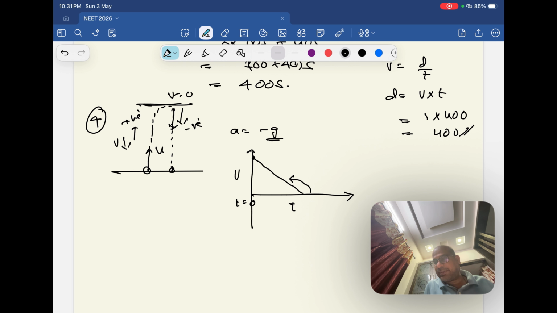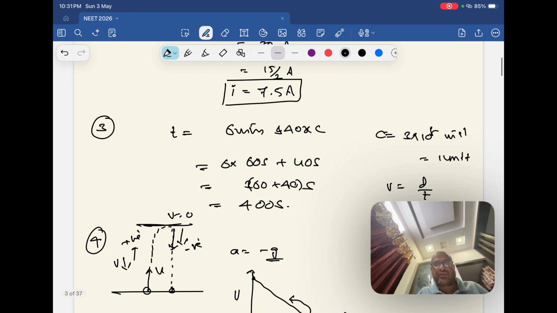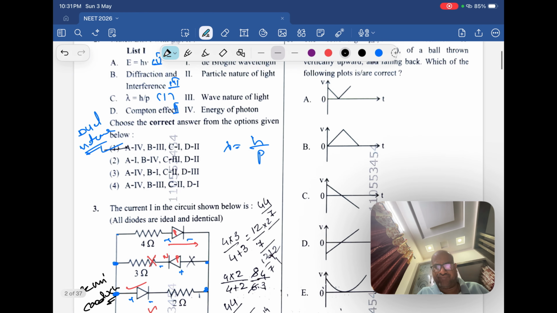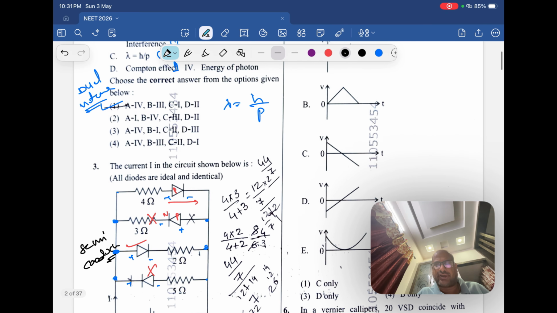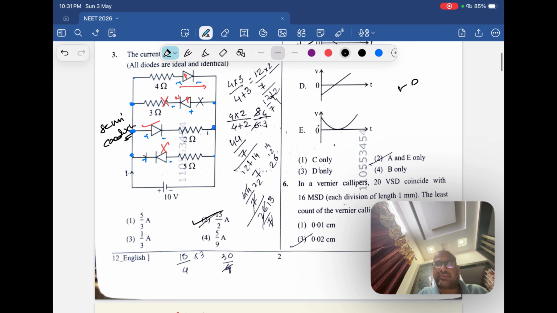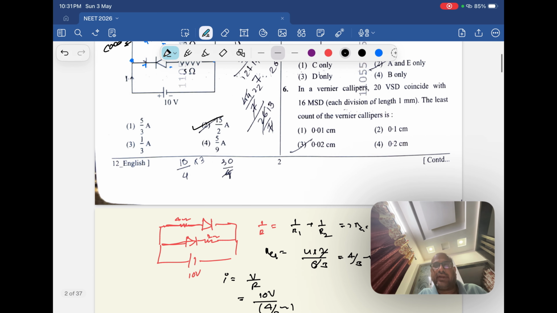So the slope will remain the same. Somewhat this kind of profile graph you will get. So which option is correct here? Decreasing, becoming 0, and then negative, so option C. Okay, so it is a graphical question, kinematics, 1D motion.